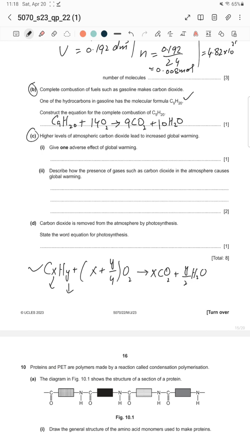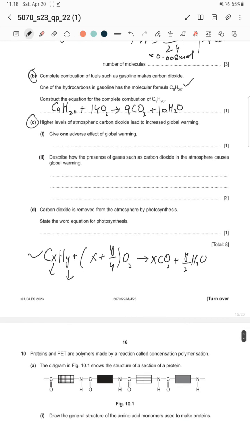Actually from the sun, the light travels in the form of UV, ultraviolet. Once it strikes the earth's surface, it is reflected back in IR form. The greenhouse gases revert these back to earth, hence earth's temperature increases. So give an adverse effect of global warming.